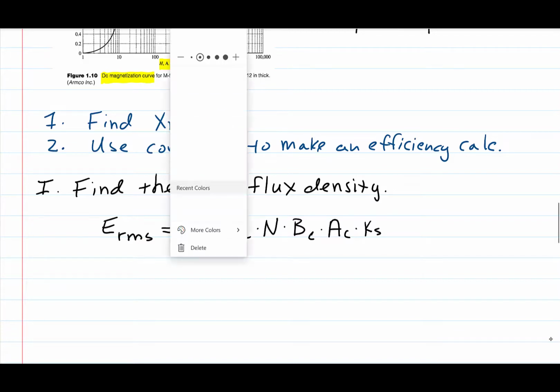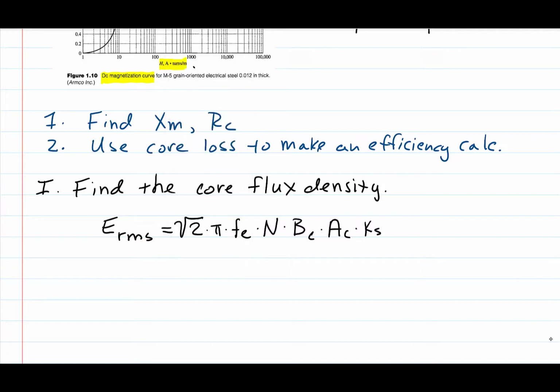In this test, we're measuring the RMS voltage on the secondary side, V2. And since this is a no-load or open circuit test on the secondary side, the voltage we're measuring is exactly equal to the voltage across the coil, E2.